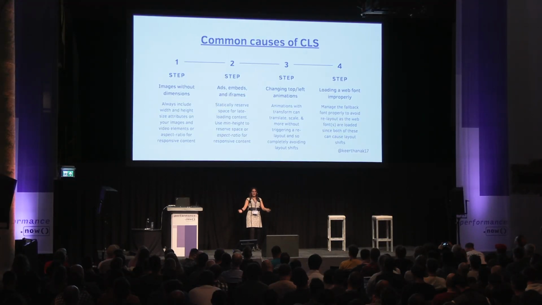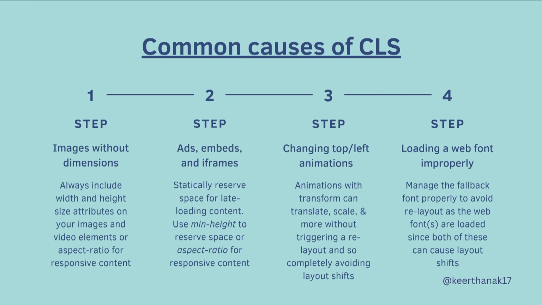So let's talk more about ways things can go wrong. Images without dimensions. I think these are the simplest of cases. Of course, when you add in an image or any kind of media, you do want to have that section in your viewport in mind, have height, width, whatever it is, given there properly.